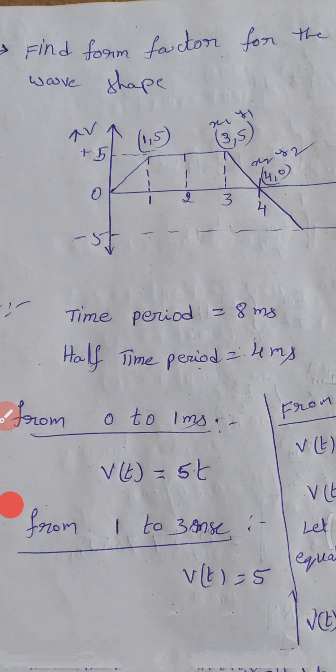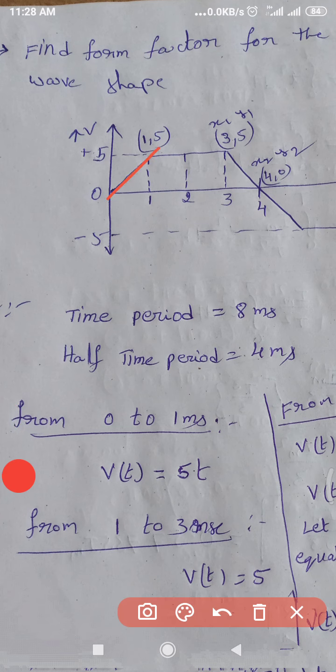So what is the first step? We have to calculate the wave shape. If you observe here, from 0 to 1 this is one type of wave shape, from 1 to 3 it is another type of wave shape, and from 3 to 4 it is another type of wave shape.